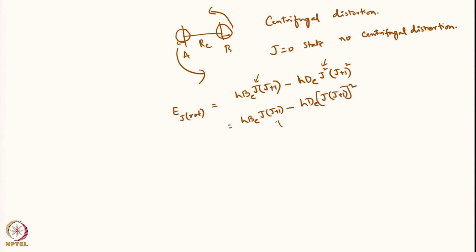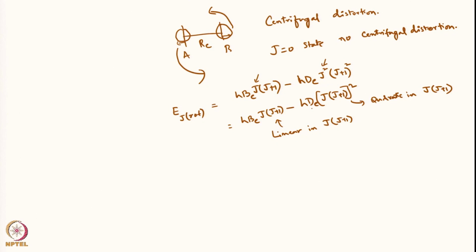So, this is linear in J(J+1) and this is quadratic in J(J+1). Okay. So, this is just the first correction, then you can have the third order correction, etc. But it turns out that this D itself is so small, you do not have to worry about the terms later on.